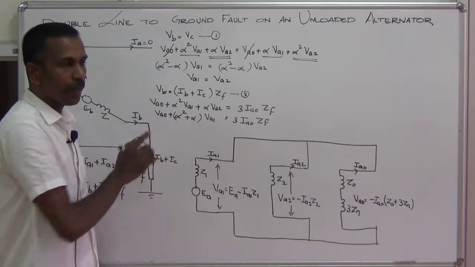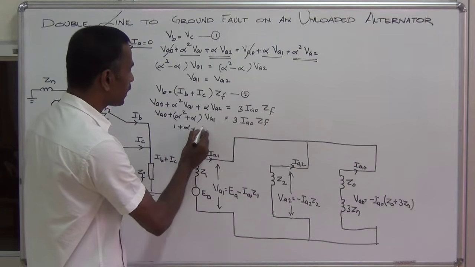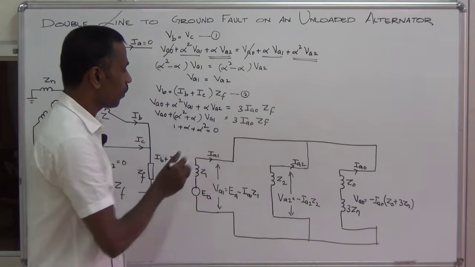What is alpha square plus alpha? You may remember 1 plus alpha plus alpha square equals 0.